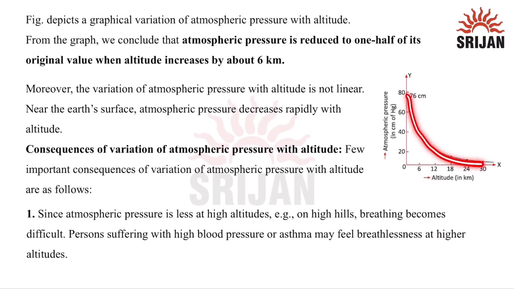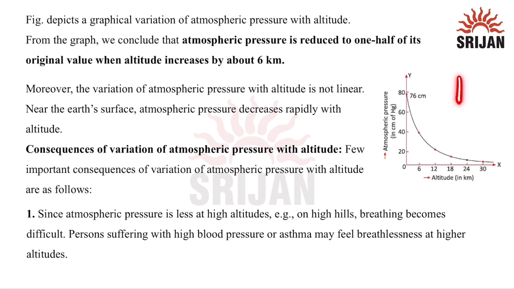Now, this figure depicts the graphical variation of atmospheric pressure with altitude. As you can see, as the altitude increases, atmospheric pressure is reduced to one half of its original value when the altitude increases by only 6 kilometers.